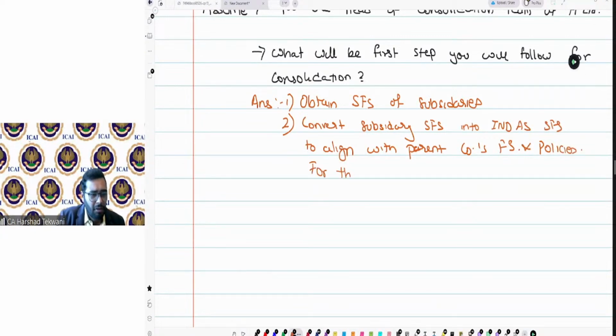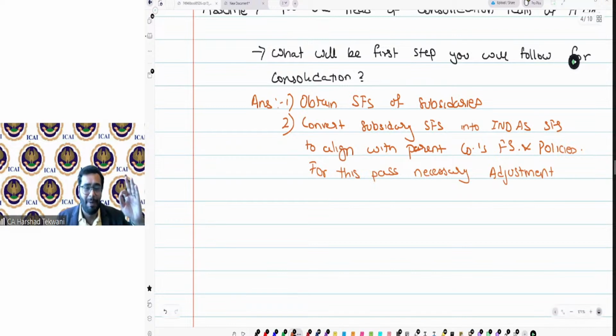For this, we need to pass certain adjustments to convert them into NDS, or if they are in NDS, then to align with the policies that are followed by the parent company. But why are we aligning with the parent company?